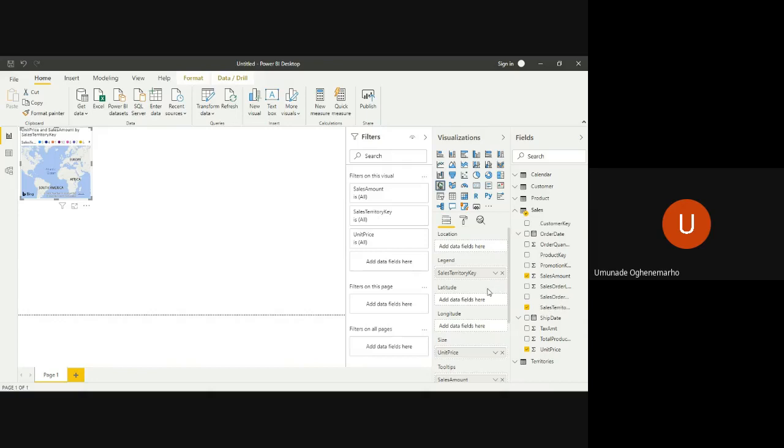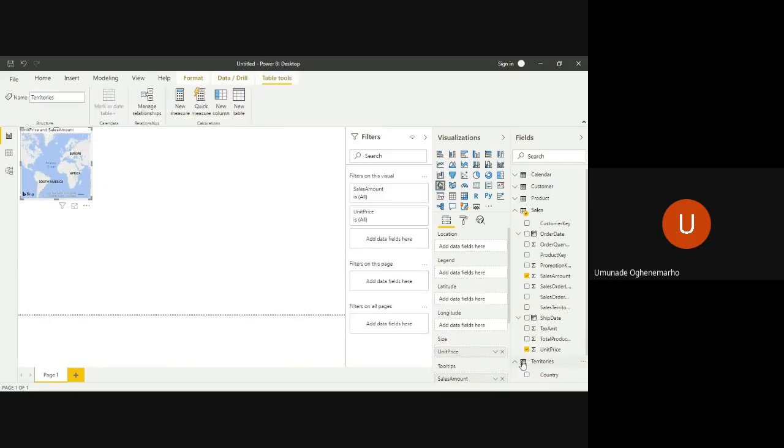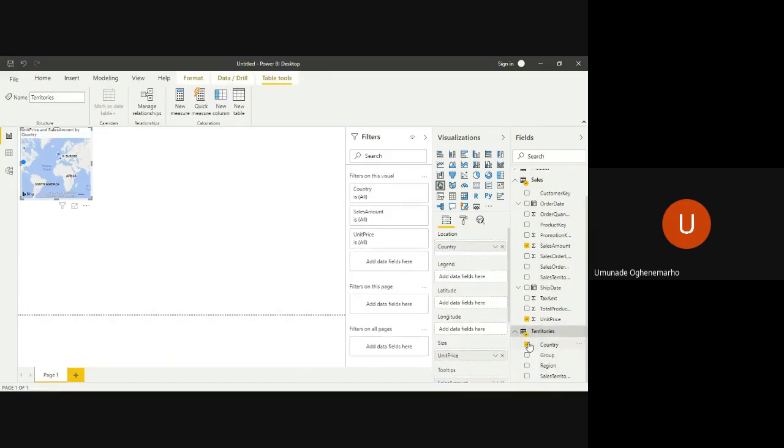Oh, we can leave that. So let's use location as country. Power BI generally is smart enough to pick it out for us. In cases where you have longitude and latitude data, it will automatically adjust with that. So we have used location as country.